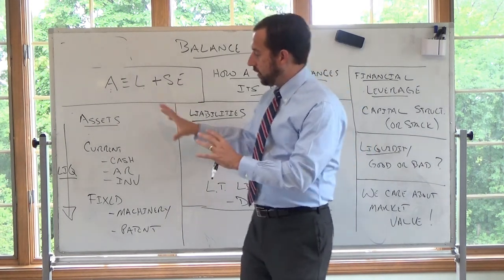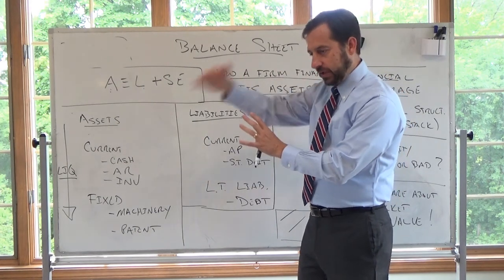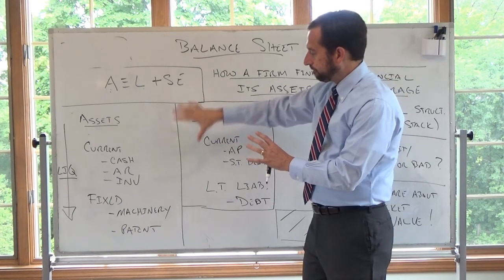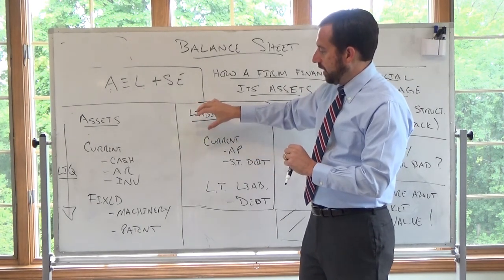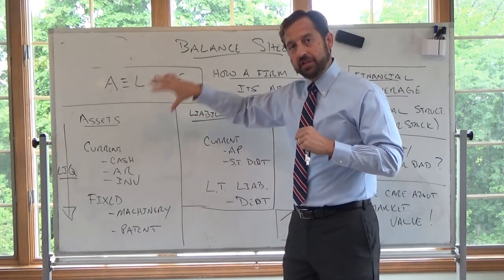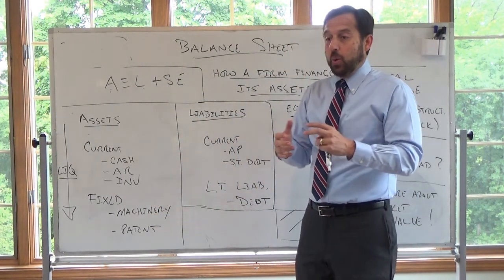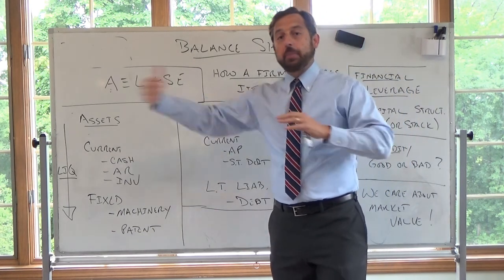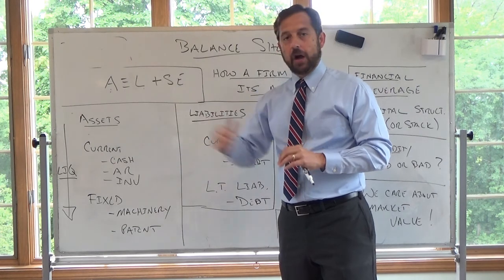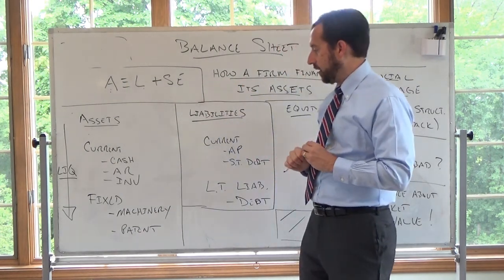A big thing to keep in your mind when we're in finance and we're looking at a financial statement like a balance sheet is that we care about market value, but what is on the financial statement is book value. So it's whatever I paid for the machinery, right? It's whatever I paid for the land, and I could have paid for it 100 years ago. So the market value could be quite different than the book value.